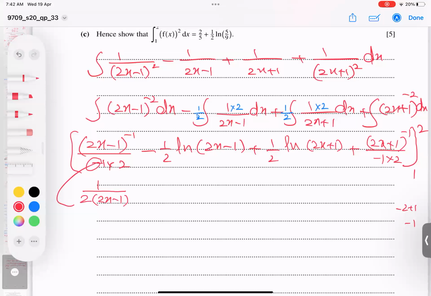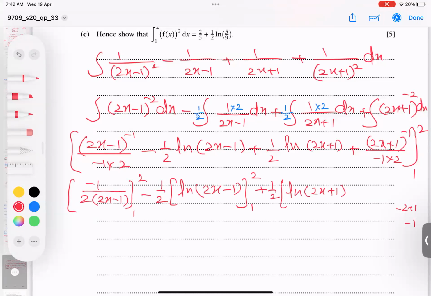And this minus, you write down or up, no effect comes. I can even write separate limits, so 1 to 2. What about this? Half, you write inside the logarithm or outside, no effect will come. And 1 to 2. Same story here, half and logarithm of 2x plus 1 and 1 to 2.